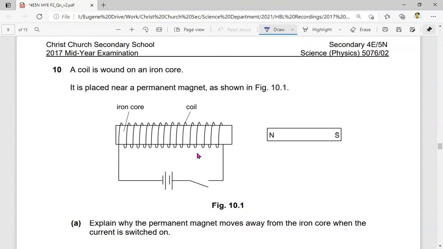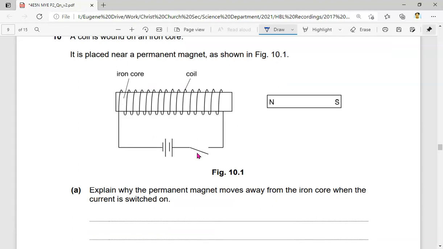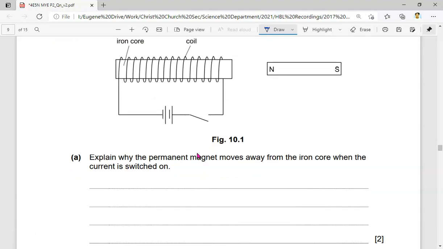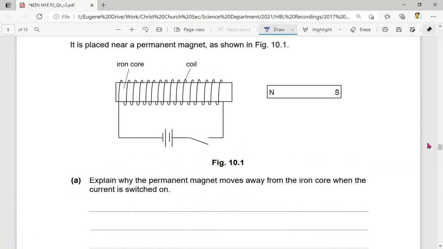Now question 10. A coil is wound on an iron core. It is placed near a permanent magnet as shown in figure 10.1. Okay, explain why the permanent magnet moves away from the iron core when the current is switched on. So what's the question asking?